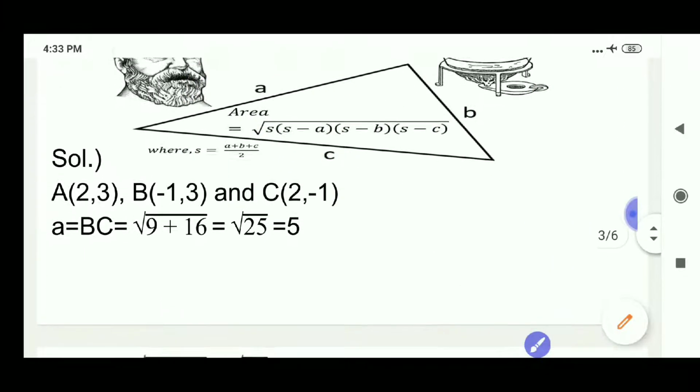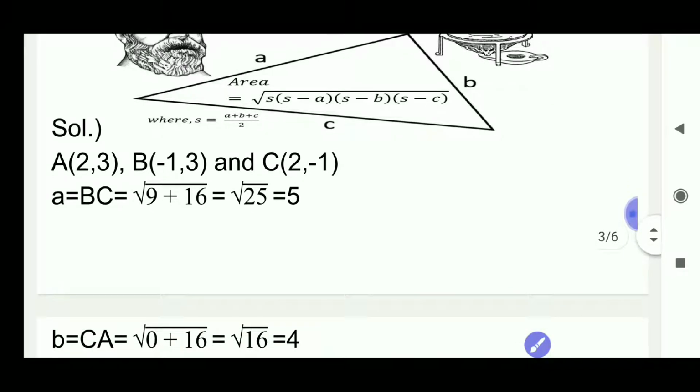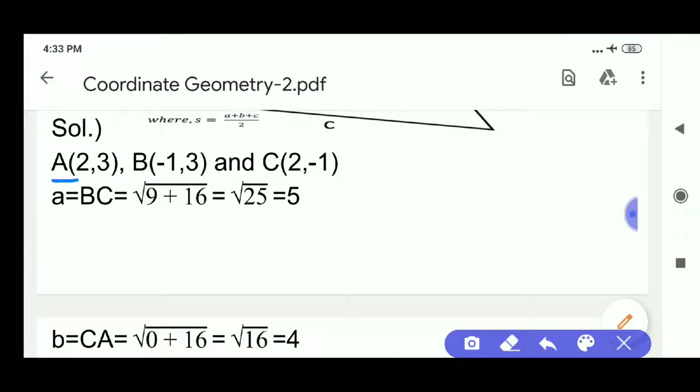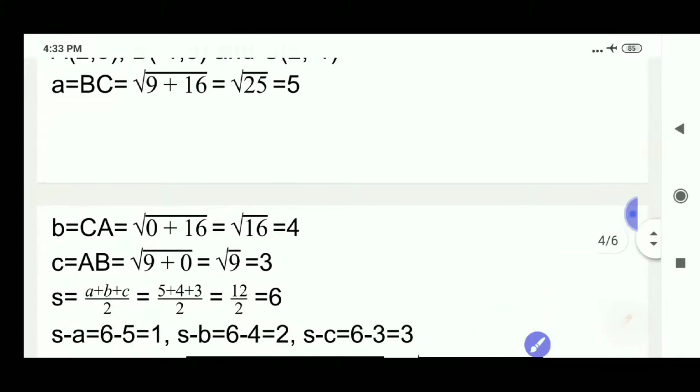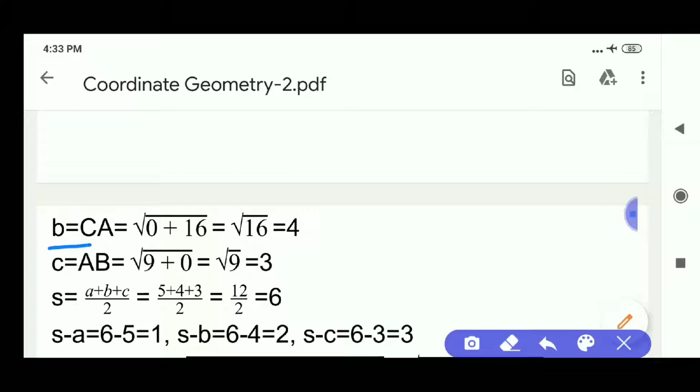Now come to the question. Take the first point as A, the second point as B, the third point as C. Now a means BC. We have to find the distance between B and C. The distance is 5. Similarly, b is the distance between C and A, that is 4.